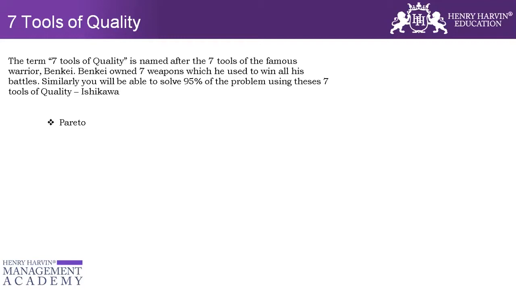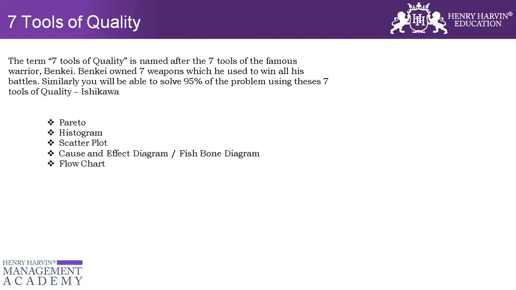So let's look at what these 7 quality tools are. The first quality tool is Pareto. We will talk about Pareto analysis in detail. Then there is the histogram, the scatter plot, and the cause and effect diagram, the fishbone, which we have already covered. Fishbone is also one of the 7 quality tools which we discussed already.